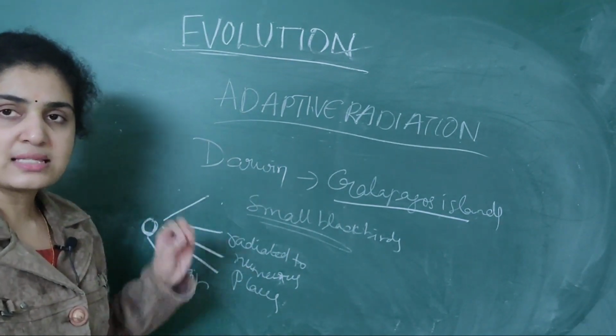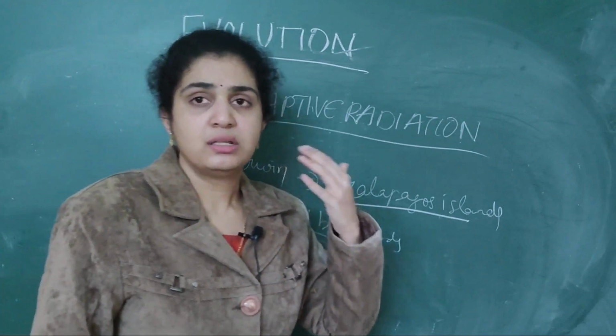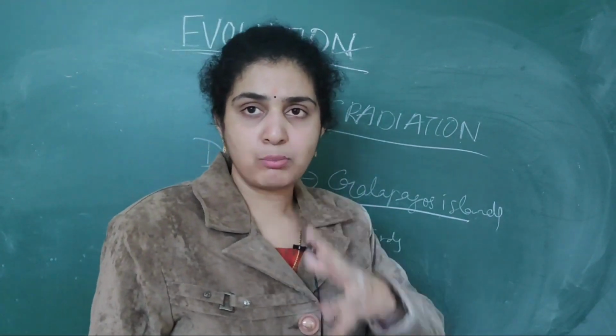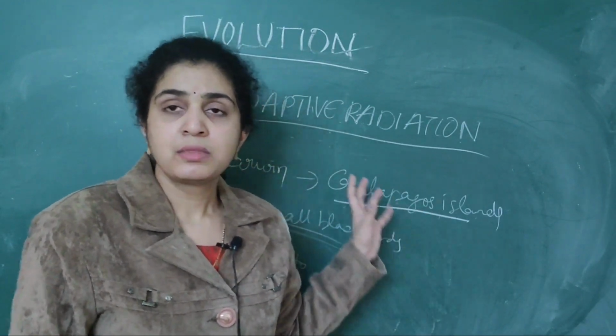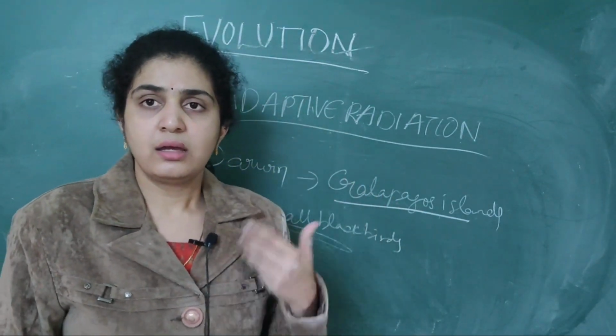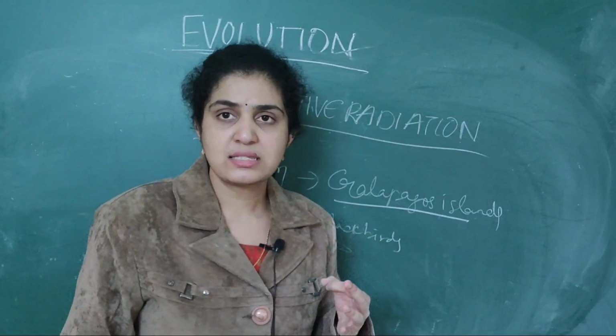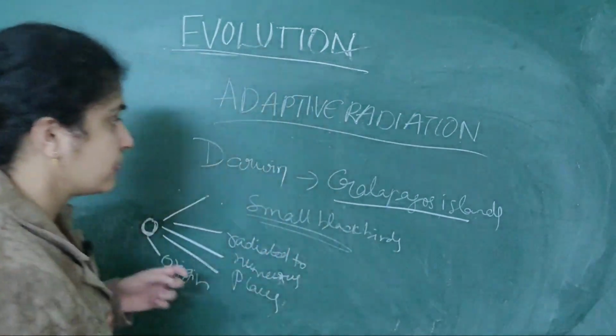This is called adaptive radiation. They were born somewhere and moved into different types. So by this theory he gave the concept called adaptive radiation.